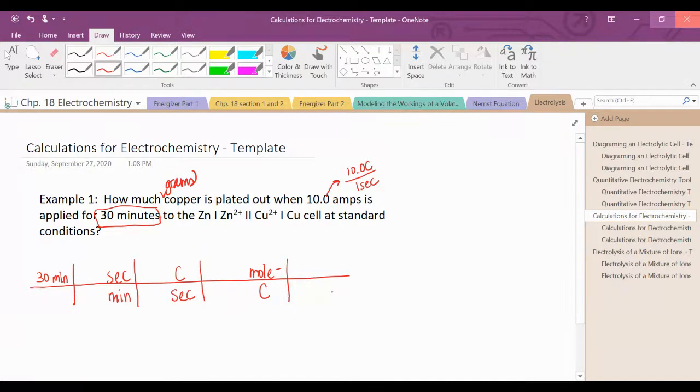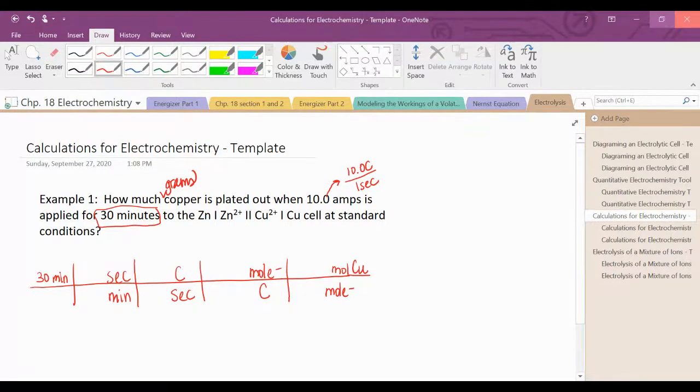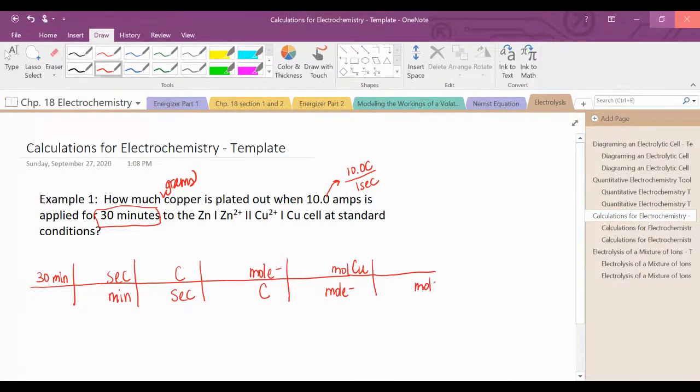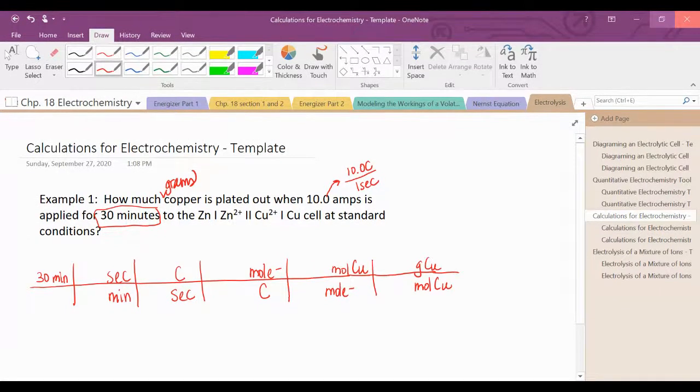And we can use that mole of electron to go from the copper ion to the actual copper atom, because that's what's going to plate out. And if I have moles of copper, we know we can get to grams of copper. All right, so there's my dimensional analysis.